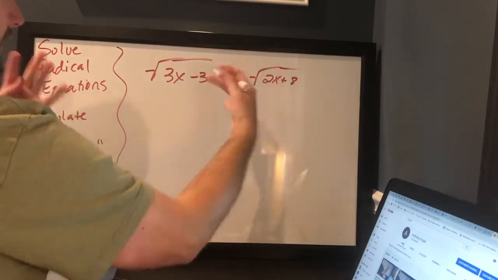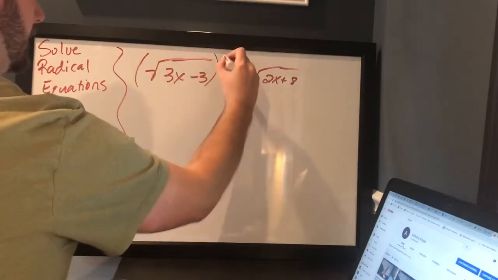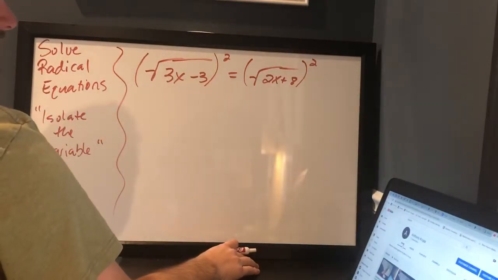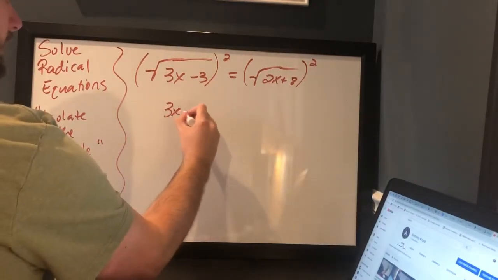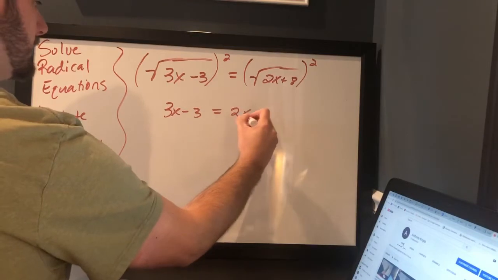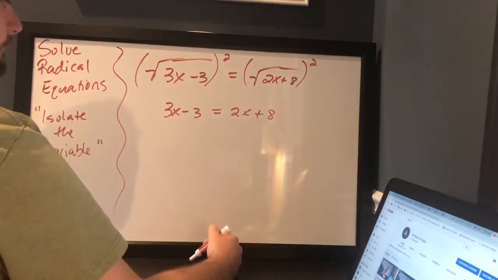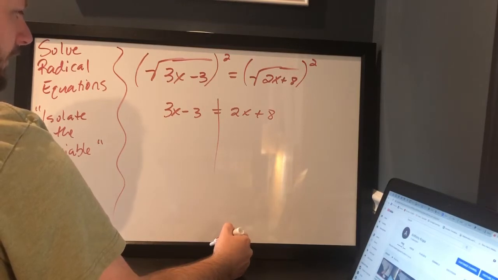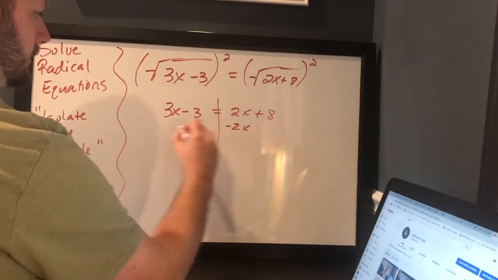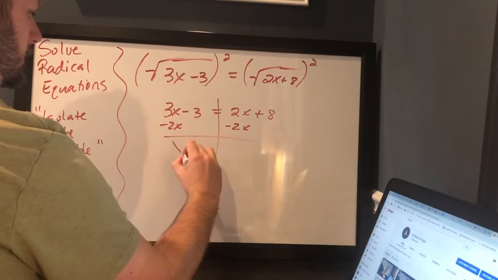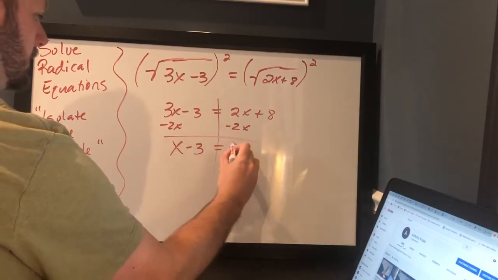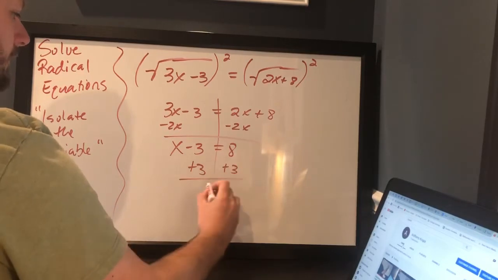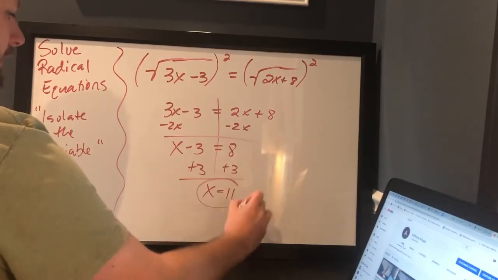In this case, there's nothing to do on the outside, so I feel like these are almost a little bit easier because all you do is square both sides to start. That gives you 3x minus 3 equals 2x plus 8. Now you're solving an equation with variables on both sides. Then we add 3, so we find that x equals 11.